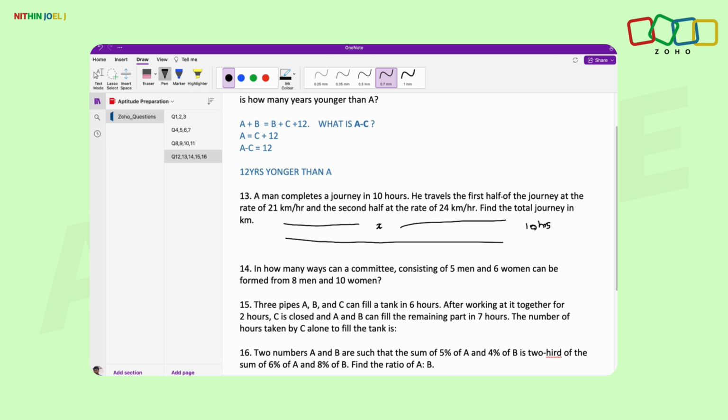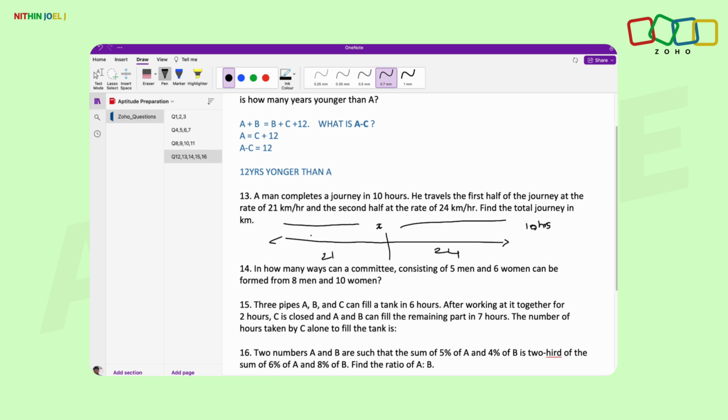He travels the first half of the journey at the rate of 21 km per hour and the second half at the rate of 24 km per hour. So among this journey, the first half he completes at 21 km per hour, and the second half he completes at 24 km per hour. We don't know the distance, right?